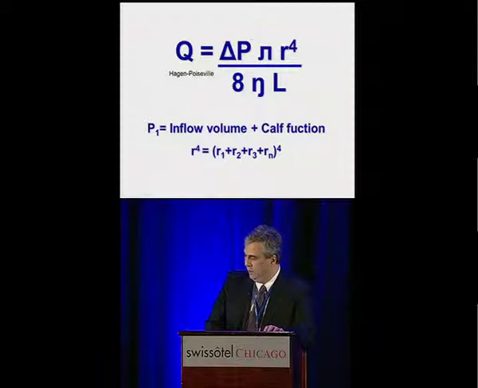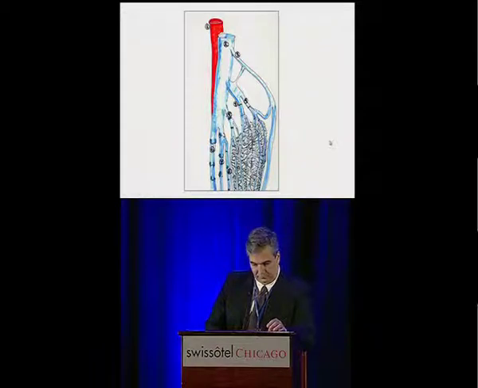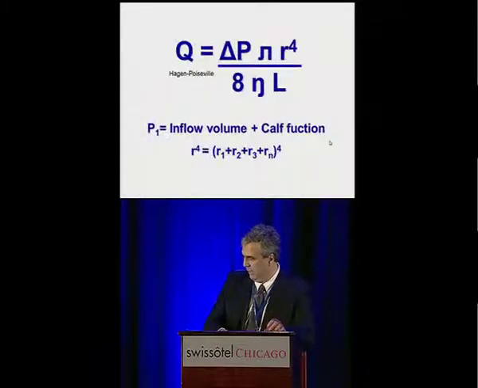For this presentation, specifically talking about flow-directed lysis, I want you to pay attention that here we have the inflow volume that is directly connected to calf function. If you don't give this inflow volume with open veins down there, you are at high risk of having your stents closed.